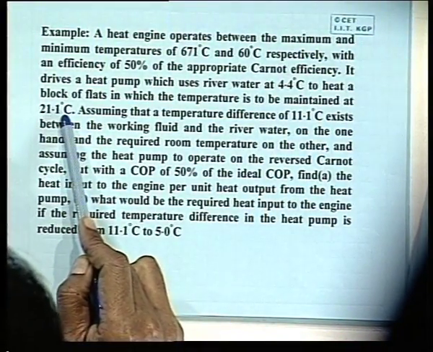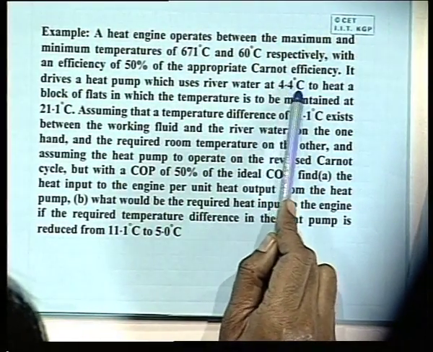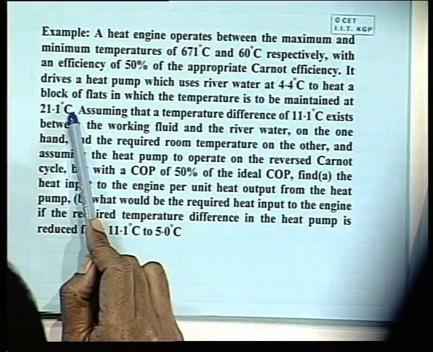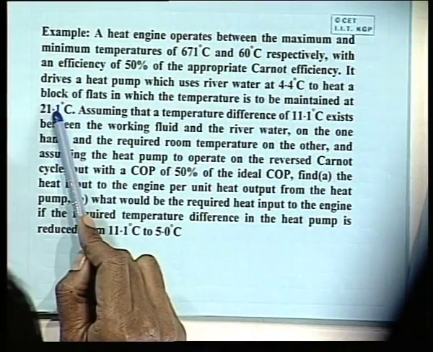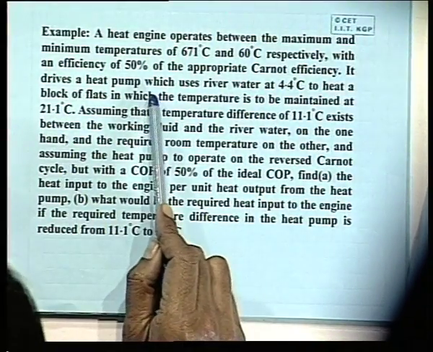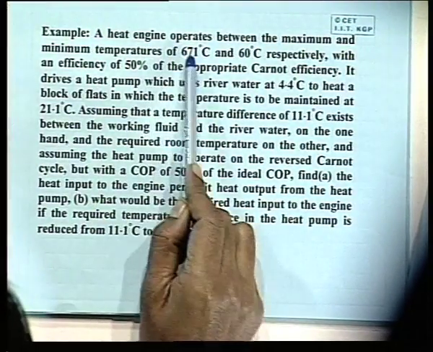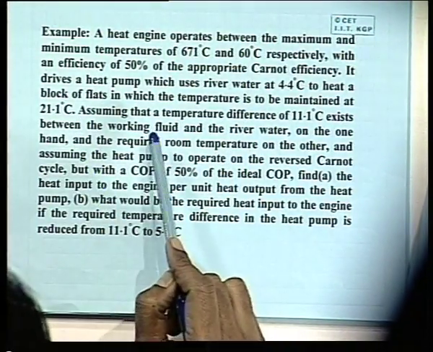That means for the heat pump, the two thermal reservoirs are 4.4 degrees Celsius, from where heat is being taken, and 21.1 degrees Celsius, where the heat is being delivered. So, from low to high temperature, this is because the heat pump operates like that, where it takes work from the surroundings, that is, in this problem, from this heat engine which is working between these two temperatures. This is the definition of the problem.